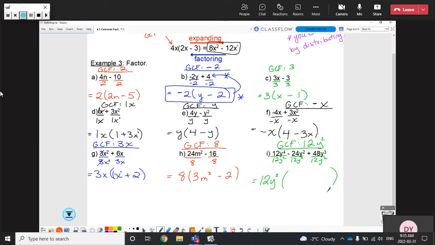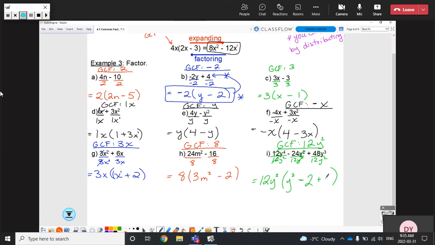One thing at a time. The 12s are gone. We got 1 y to the exponent 2, because 4 minus 2 is 2. Minus 24 divided by 12 is 2. Y squared divided by y squared, they cancel each other out. There's no more variable.